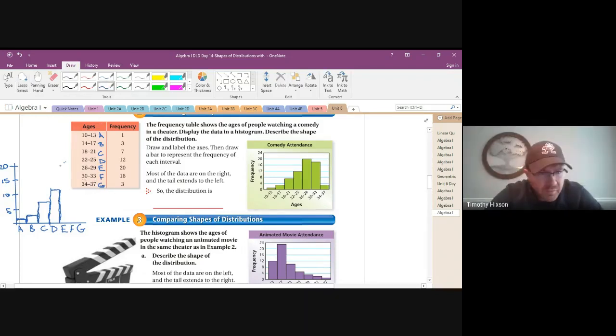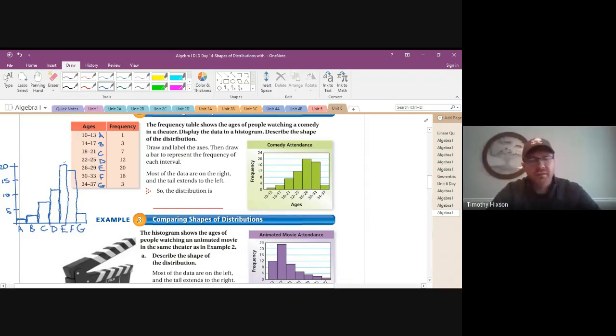E goes all the way up to 20. F goes up to 18, so a little bit shorter. And then G is back down to 3. So that's the same height as B over here.